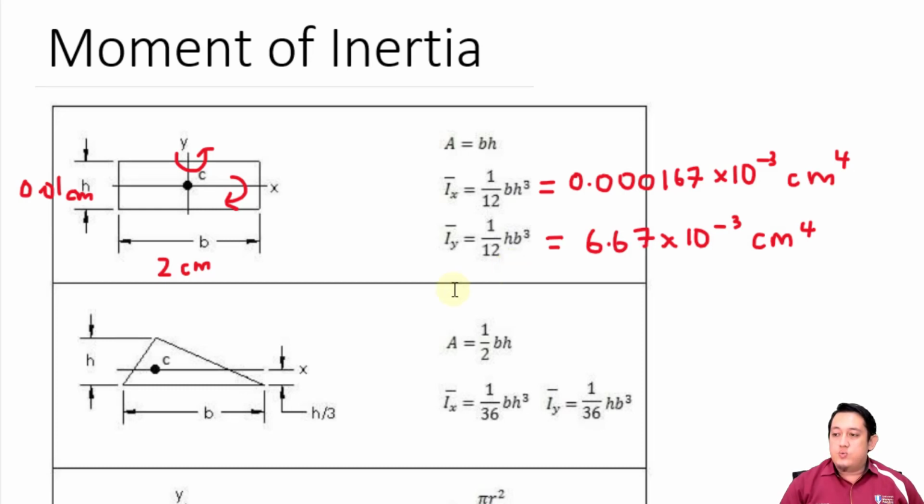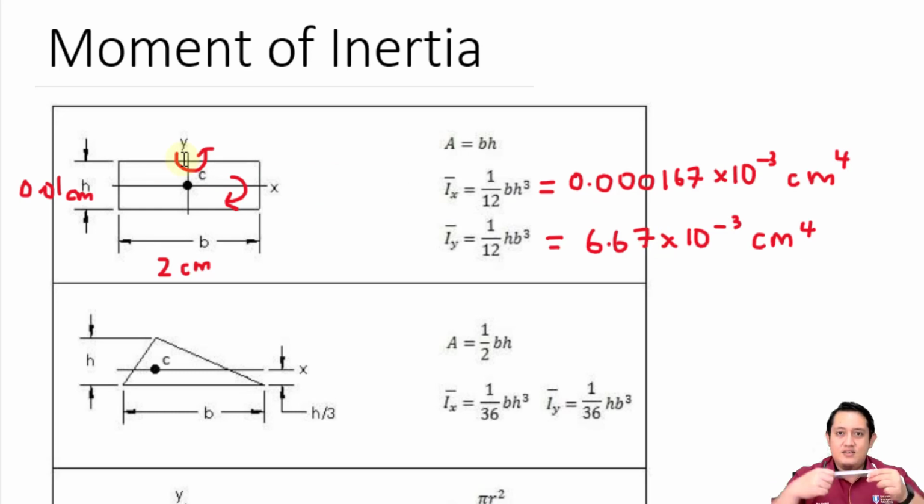Okay guys, when we calculate the value of Ix and Iy, it is very clear that the value of Ix is relatively small compared to Iy. Iy is very big. So it is very hard for us to rotate in the y direction.